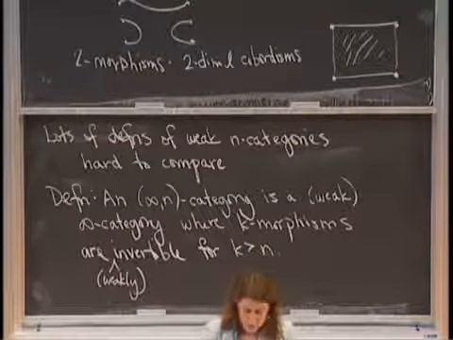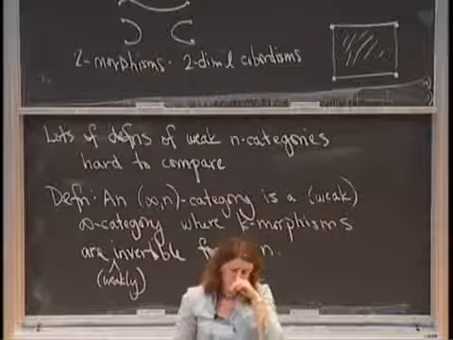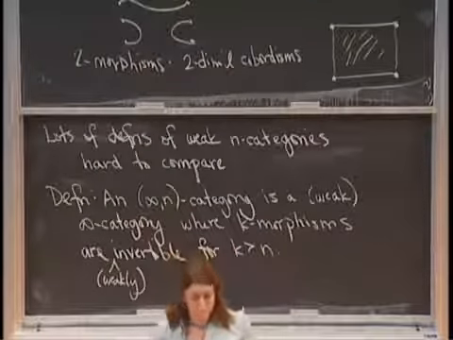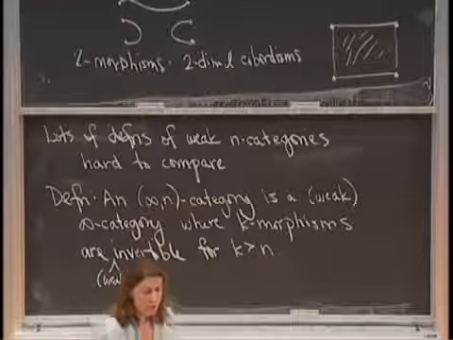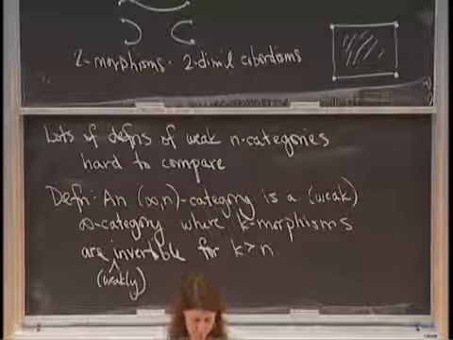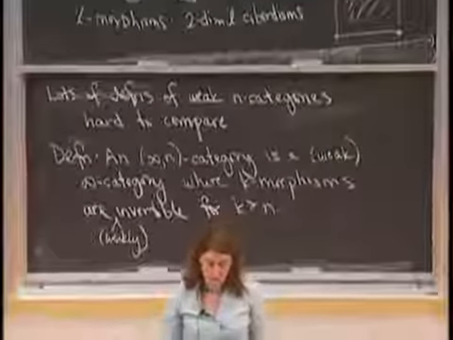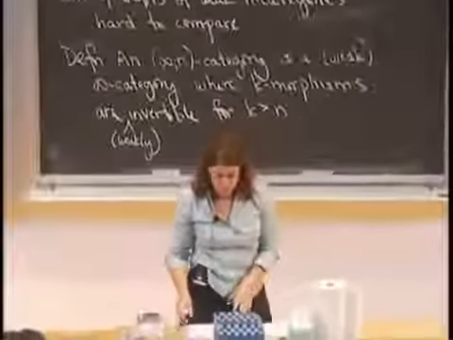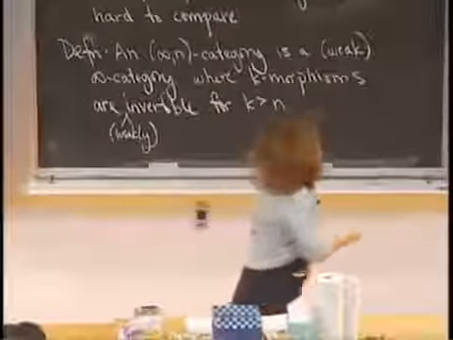So the best approach to these really is to start at least inductively and say, all right, I want to start with an infinity zero category. So this would just be an infinity groupoid. All the morphisms of all levels are supposed to be invertible.